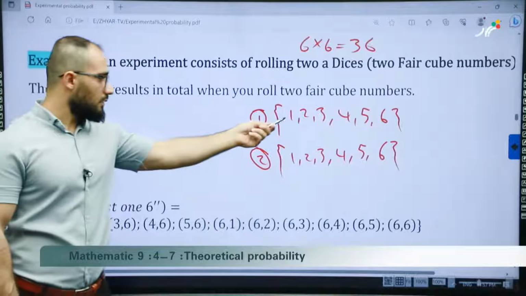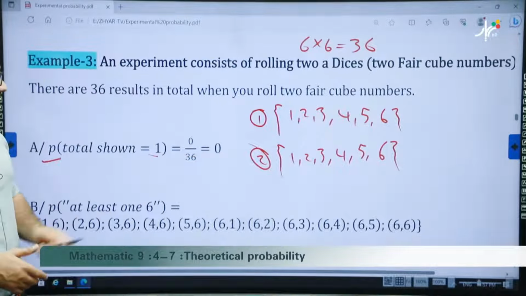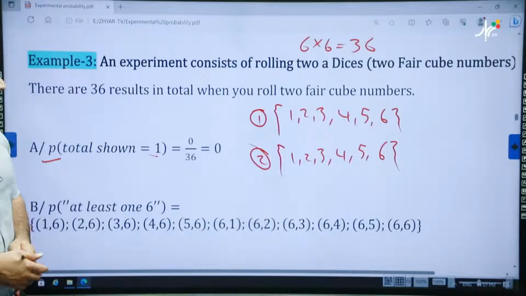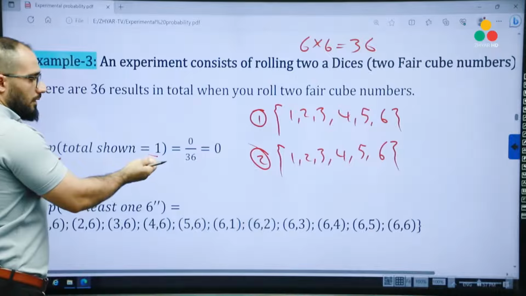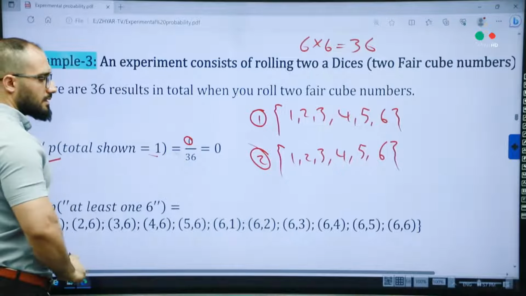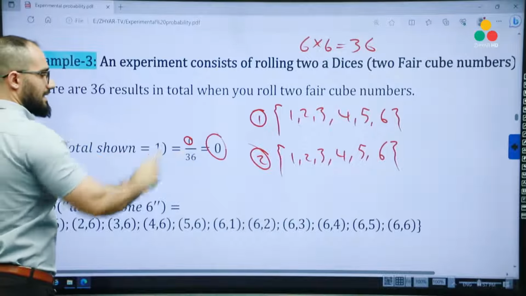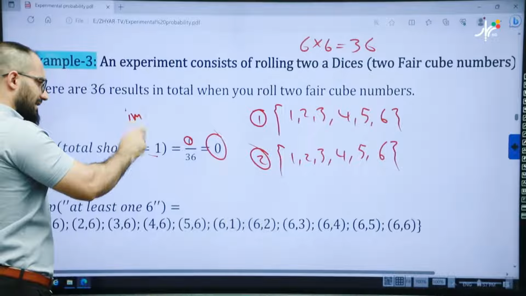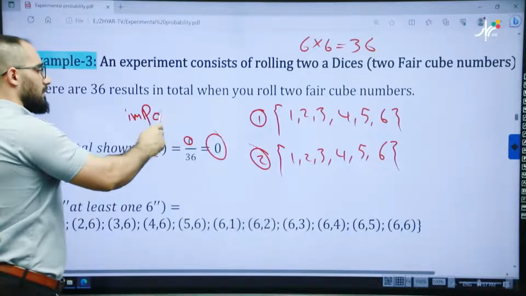For example, let's say 1 adds with another number gives you 1. It's impossible because you cannot add two numbers here and get 1. That's why the result is 0 over 36 because we have two dice. That's why we wrote 36. So the result is 0. It means it is impossible.